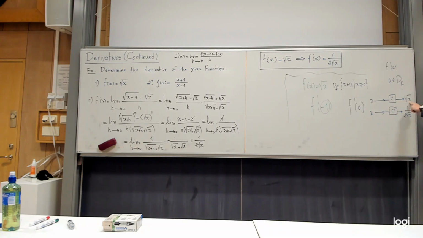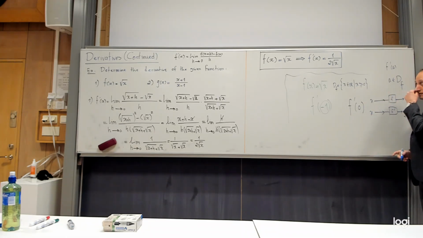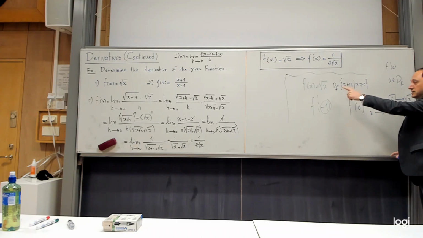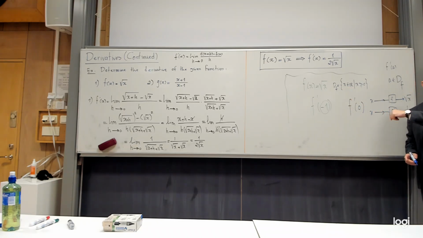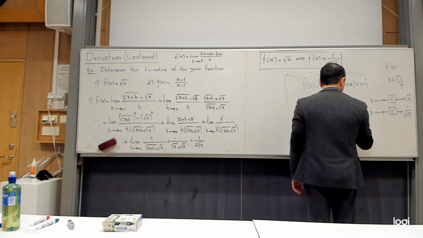Yes, the answer will be 0. But exactly, am I allowed to send 0 here? The answer will be not defined. So you see that even though 0 is in the domain, it is not differentiable at 0. Yes? So you will say that this is not defined.